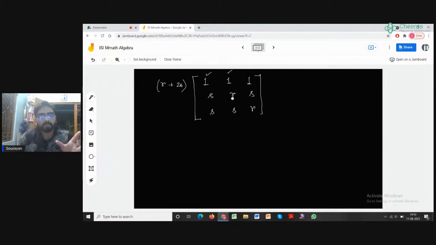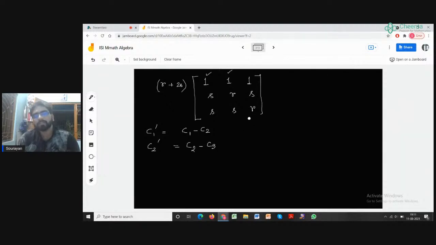Now my aim will be to make these two columns 0, because again, consistent column operations do not hamper the determinant. So if I choose this, my C1 prime is C1 minus C2, and my C2 prime is C2 minus C3.